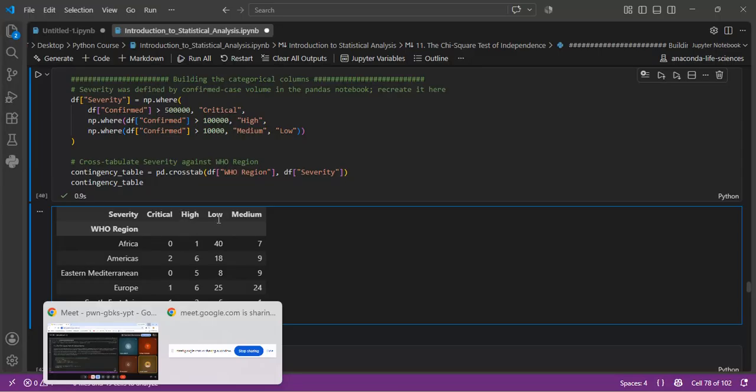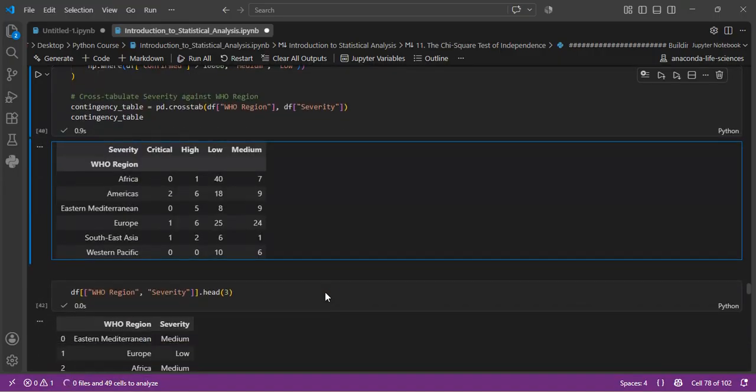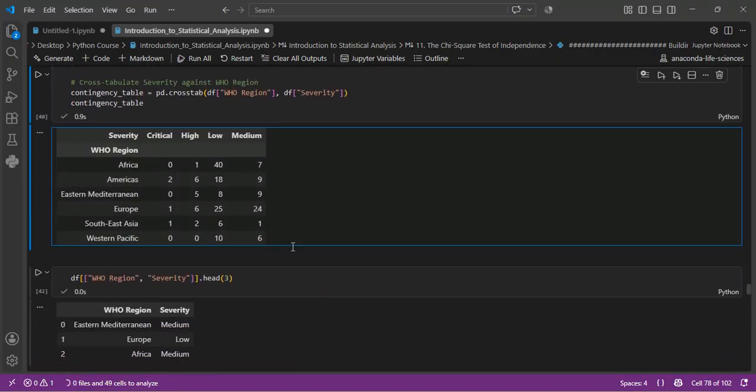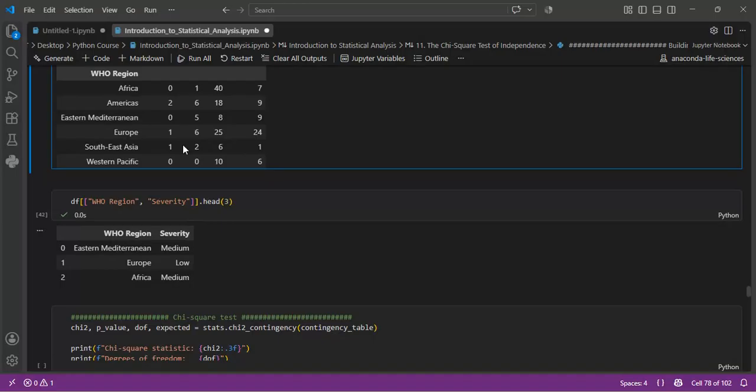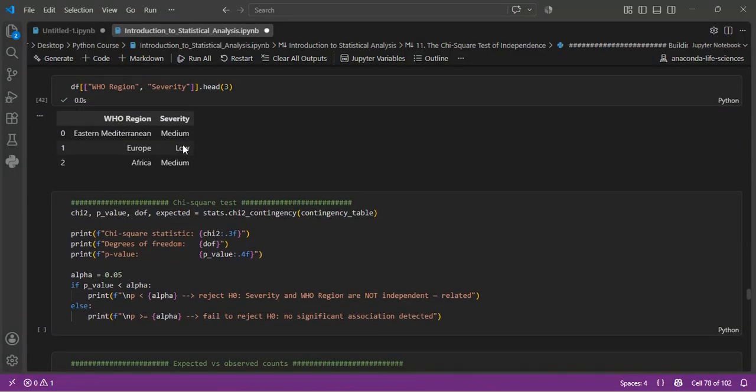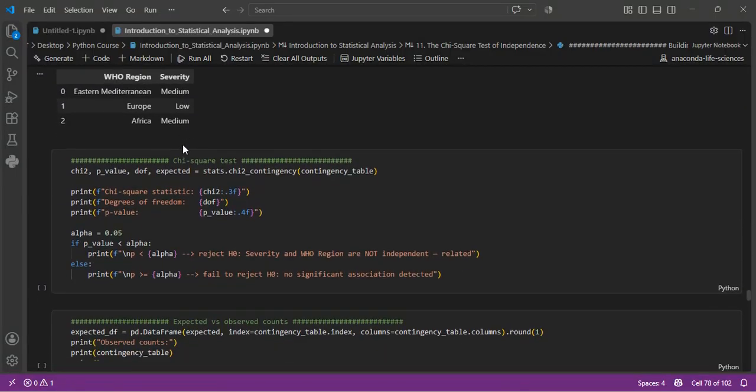So what can we do with the contingency table? We are going to calculate the chi-square. So we have the chi-square, the p-value, the degrees of freedom, and the expected values. In this case, we use the stats chi2_contingency function, and then we provide the contingency table that we've created as an argument.